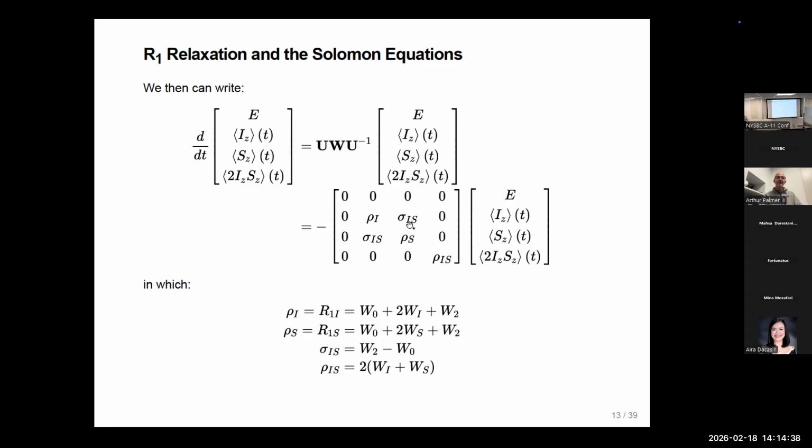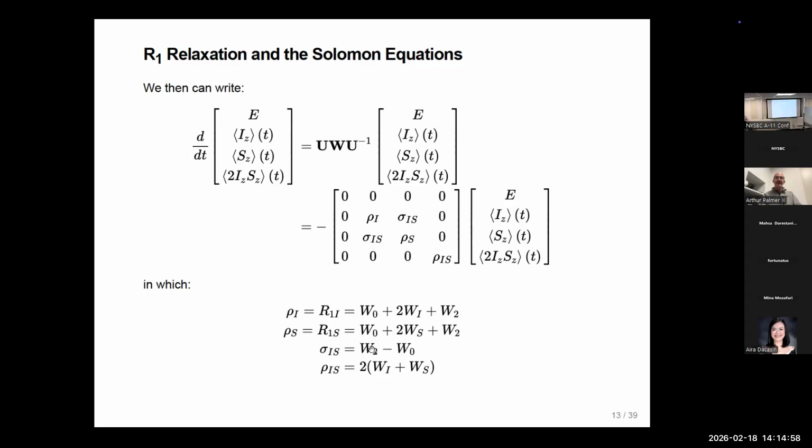But then there's something new. I mean, those we expected. All these operators have to relax away to get back to Boltzmann equilibrium. But there's something new that says magnetization is exchanged between the I spin and the S spin.